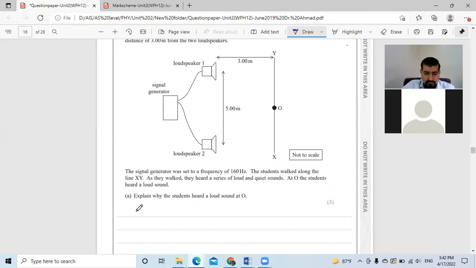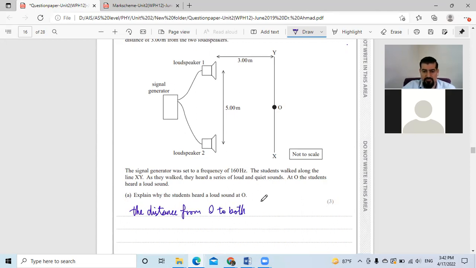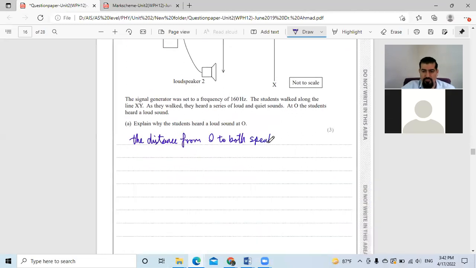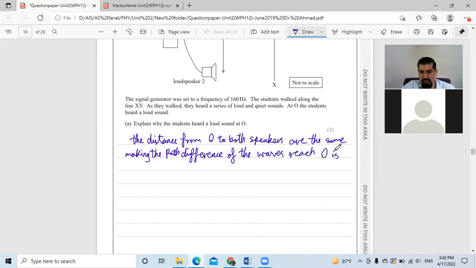Yes. So the distance from O to both speakers is the same, making the path difference of the waves that reach O equal to 0.